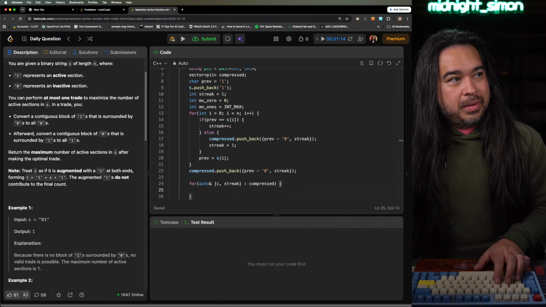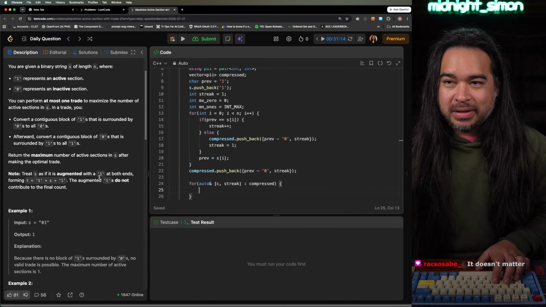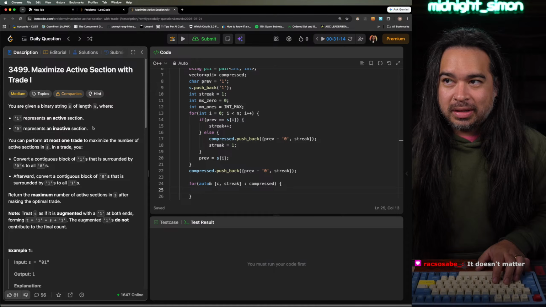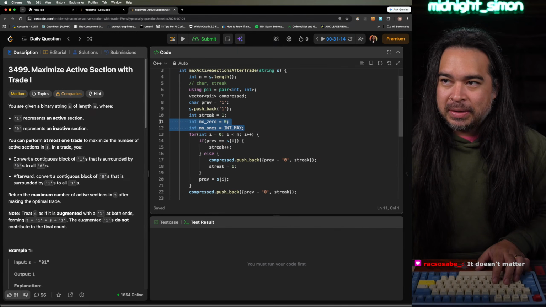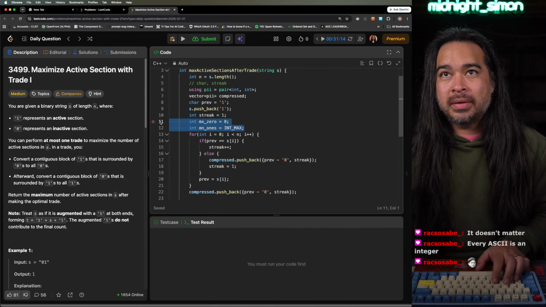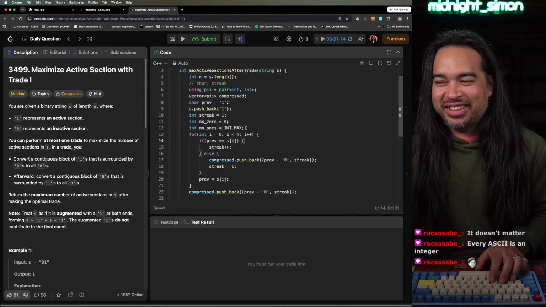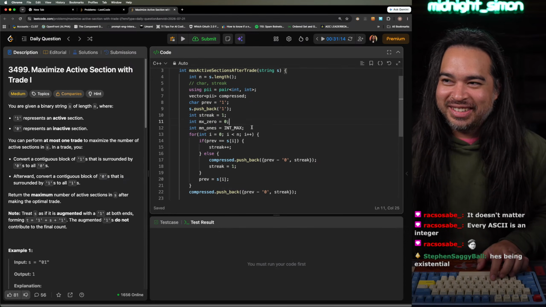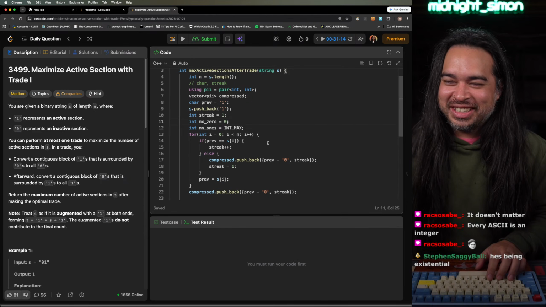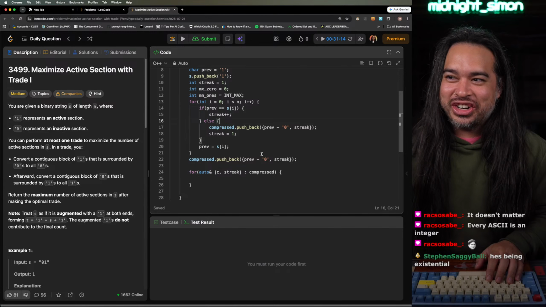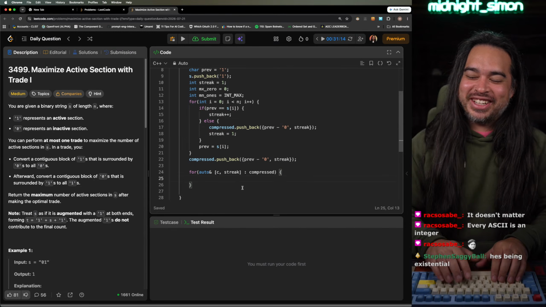Man, sometimes my brain feels like it doesn't work. Wait, it doesn't matter? What you talking about, Raxo? Wait, every ASCII is an integer. Oh, yeah. But you know what I'm saying, man. I don't want it to be a char when I'm comparing chars. Anyways.